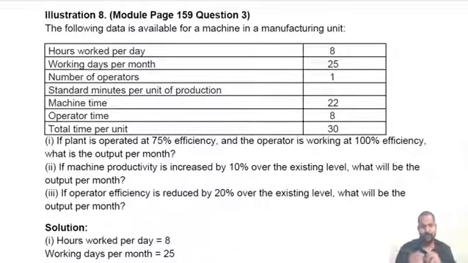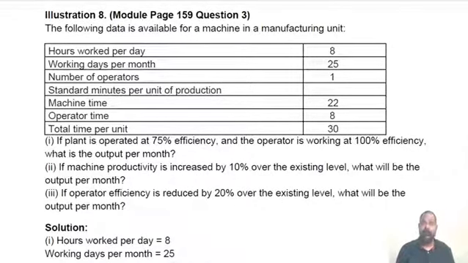Standard minutes per unit of production: machine time is 22 and operator time is 8, a total of 30 minutes. So every unit takes 30 minutes, in which there is a machine element for 22 minutes and an operator or man element for 8 minutes.